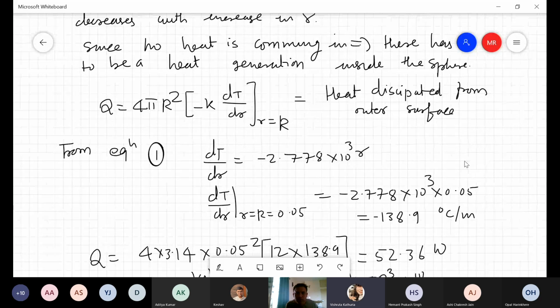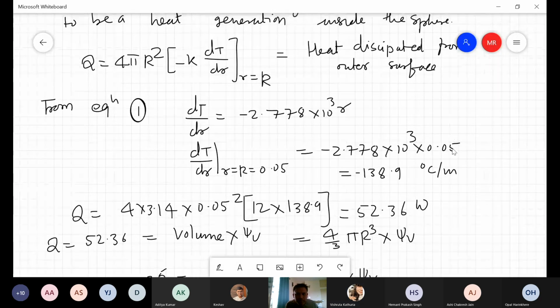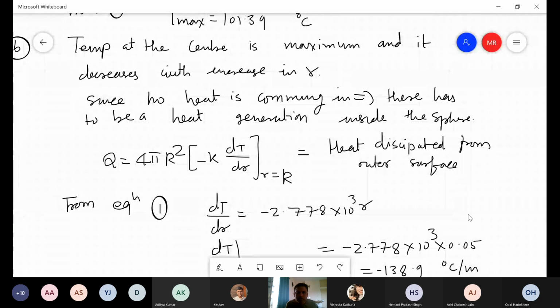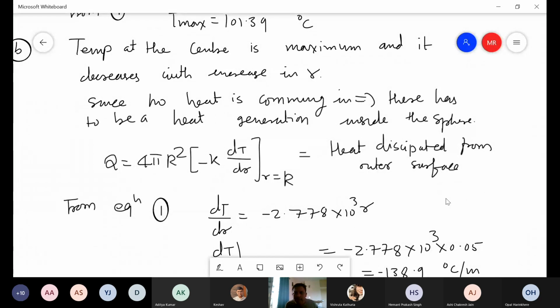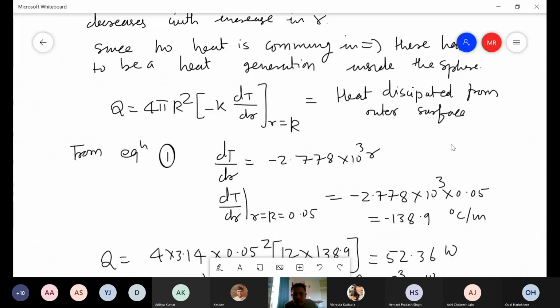Now those who got psi v as a function of r, why are you saying that it will be a function of r? Anybody? Let us discuss this. Probably we can complete it in today's class.